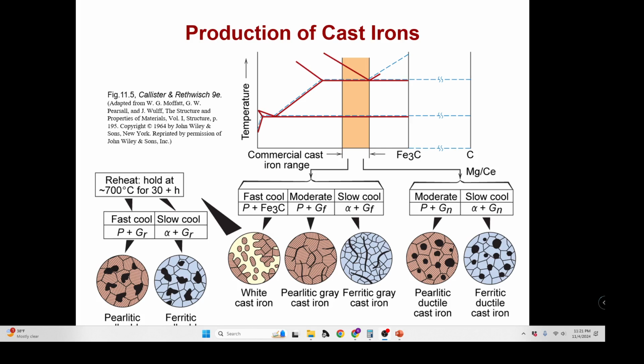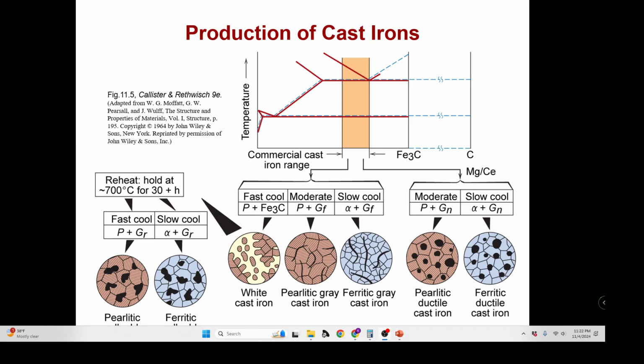And the production of cast irons looks something like this. You have a pearlitic phase. You reheat and hold at 700 C for 30 hours or more. You fast cool it to get pearlite and graphite. You slow cool it to get ferritic iron, so you have alpha ferrite and graphite.